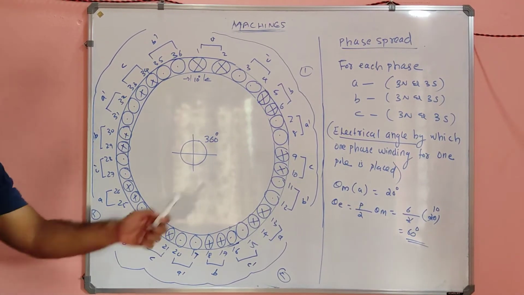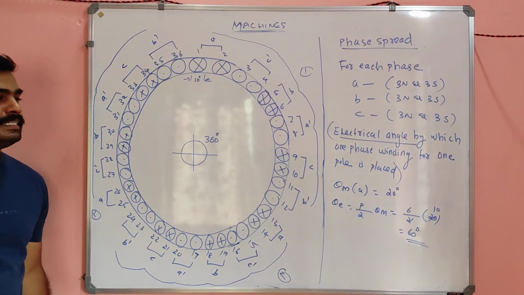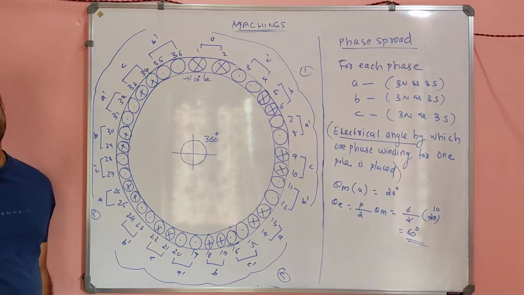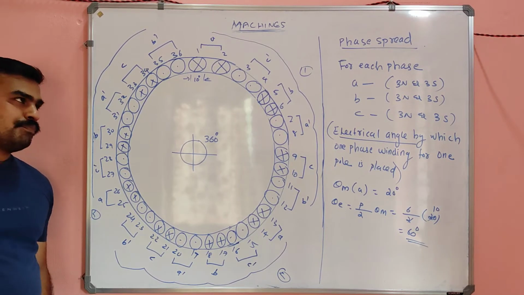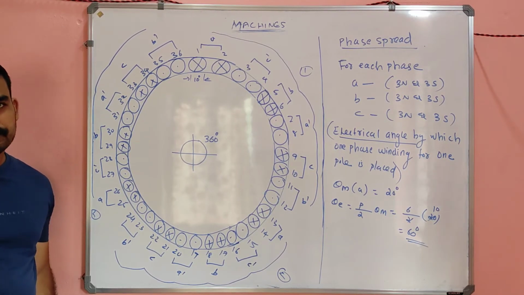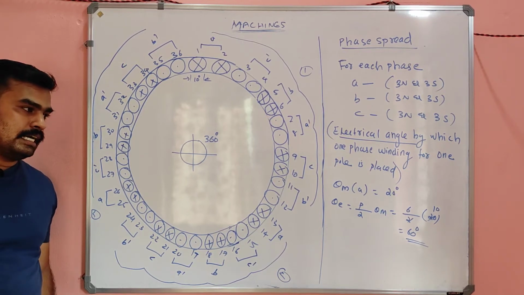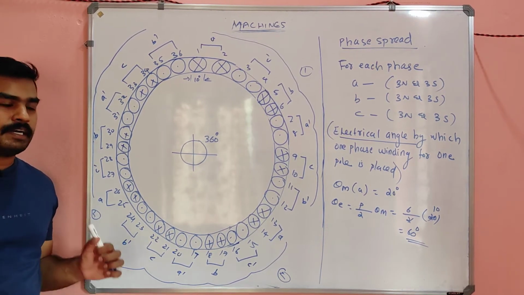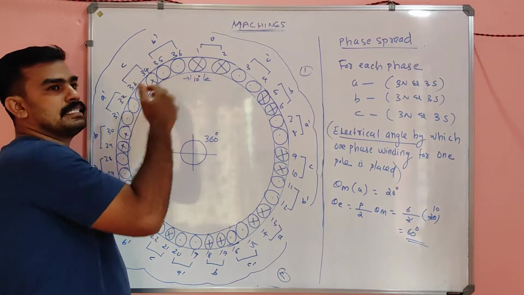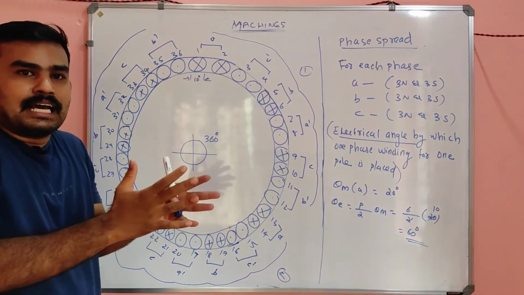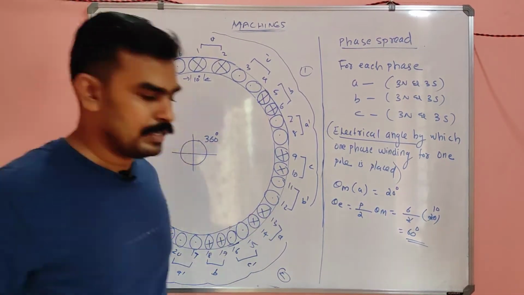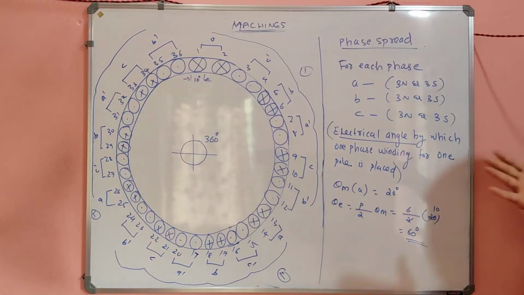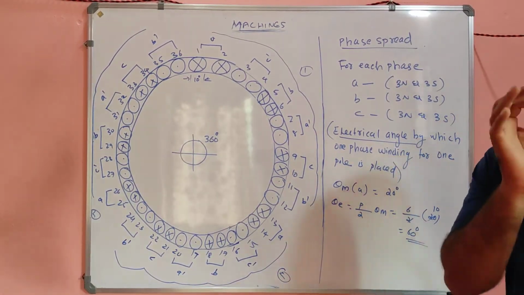That is the phase spread here. Is it clear? Phase spread means, in a single phase, how many adjacent slots are utilized for a single phase.